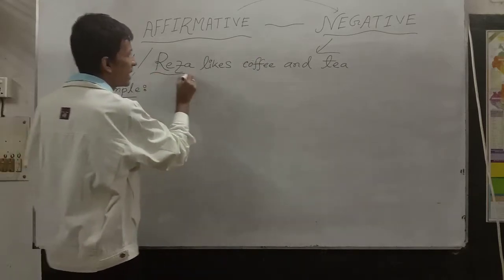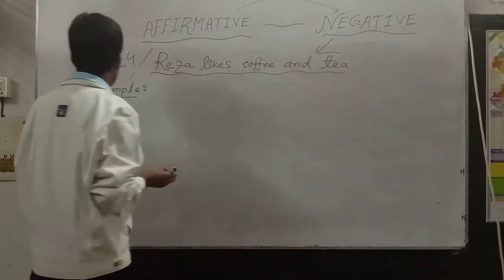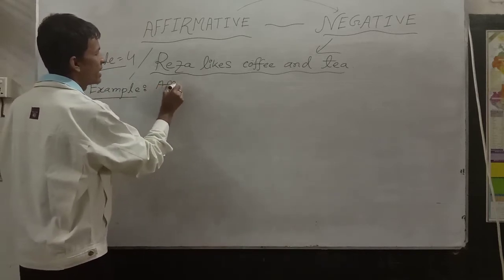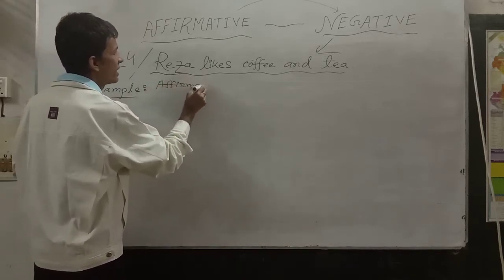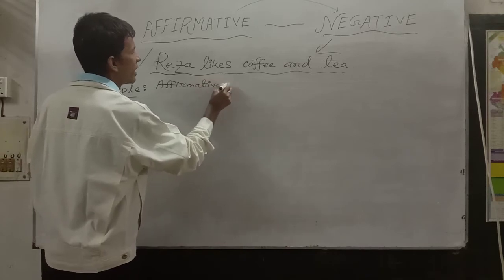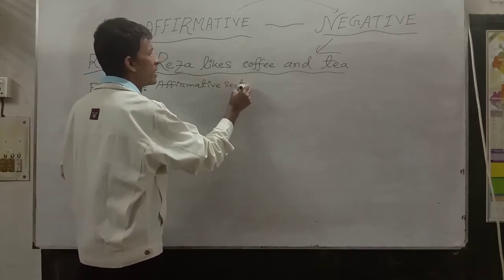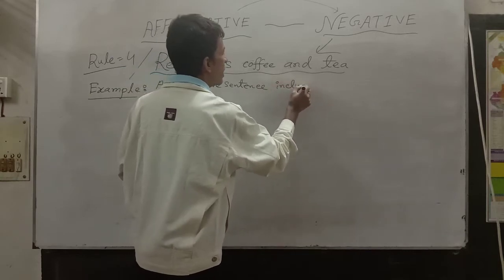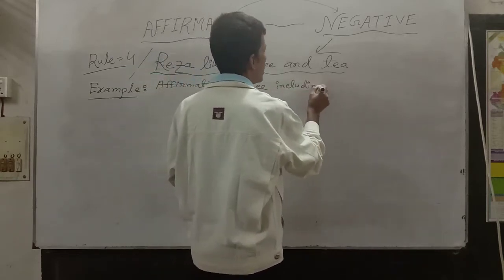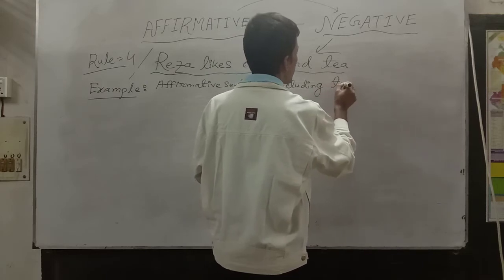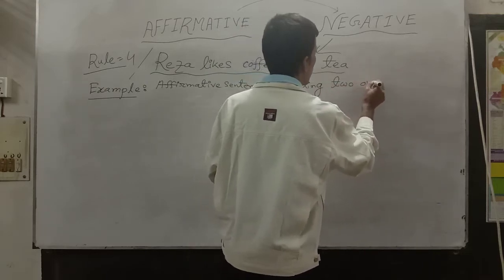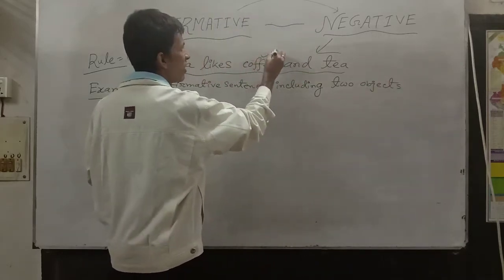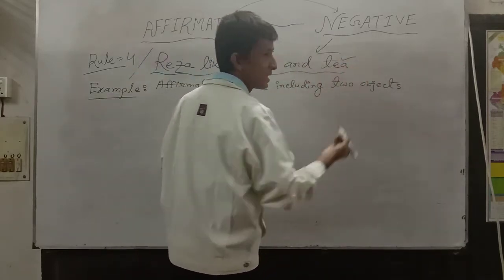The main characteristic of this affirmative sentence is that it contains two objects. The first object is coffee and the second object is tea.